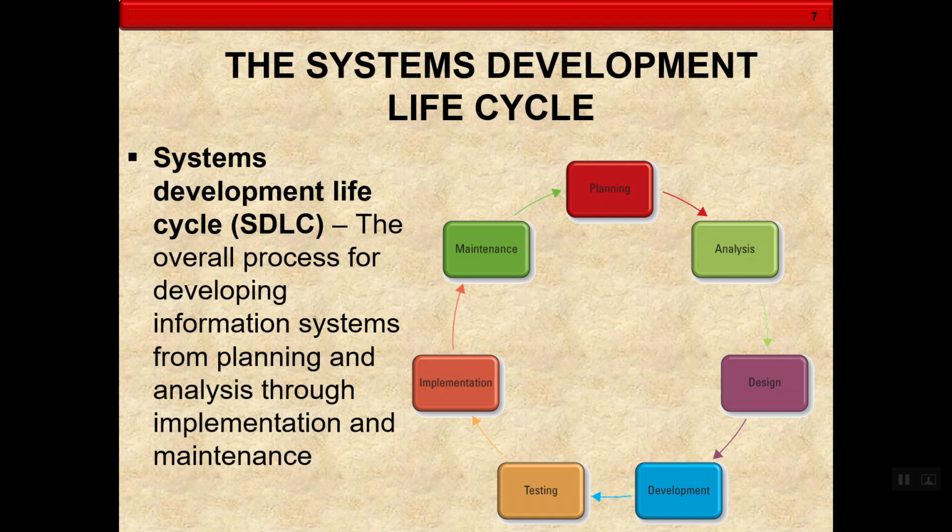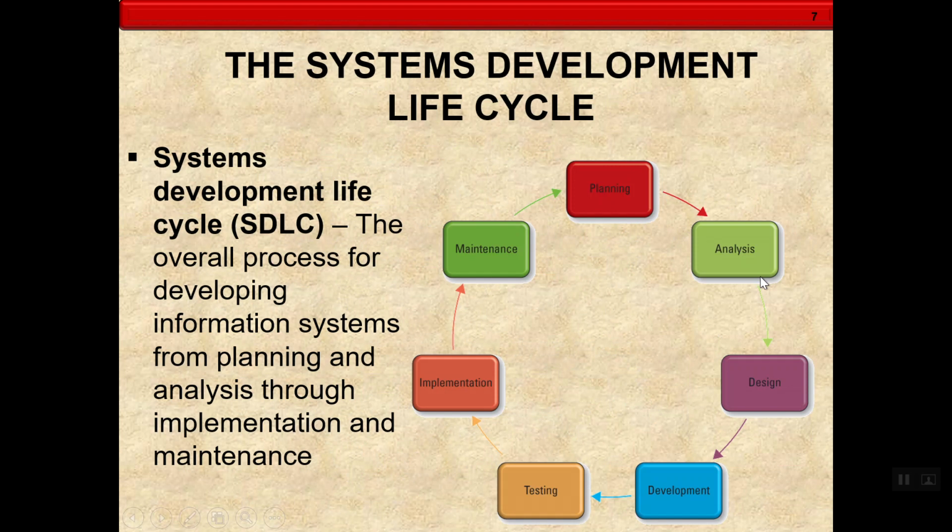There's an expectation that there's 7 phases in this life cycle. All right. So the idea is you start off at the very top with a planning phase, basically trying to figure out what you want to do, defining what is the problem, or what do you need to have done.